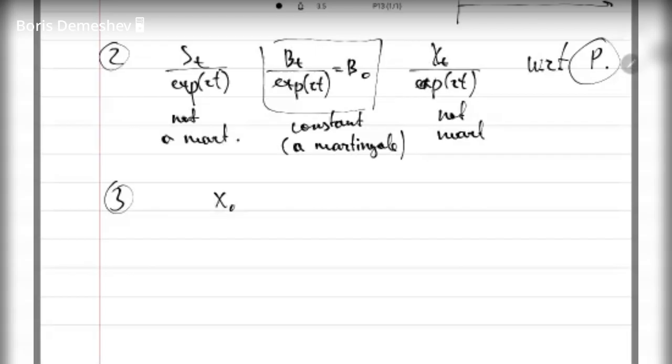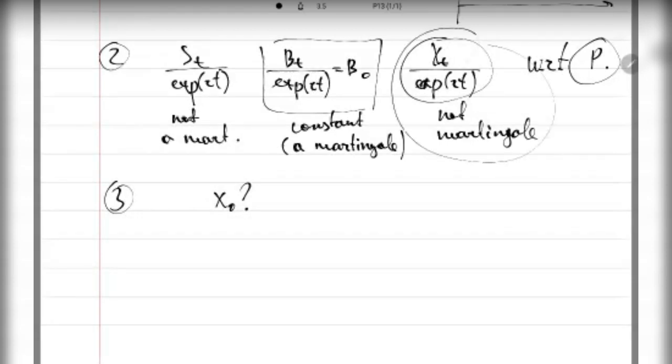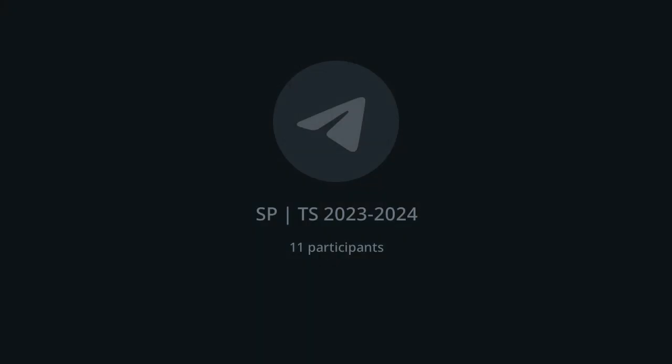You would like to know X_0, how to price this tricky asset, but the problem is that this process is not a martingale, and hence X_0 is not equal to the expected value of X_T over exponent RT, because the expected value of X changes over time.